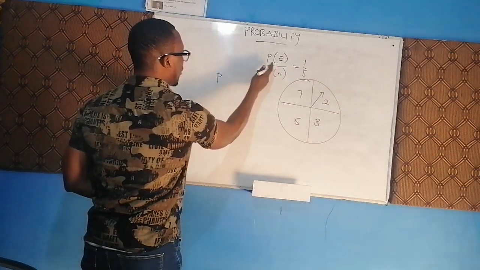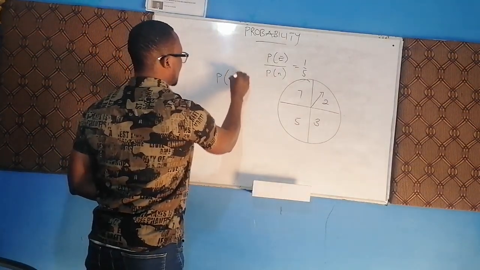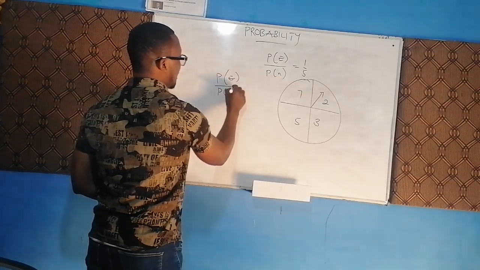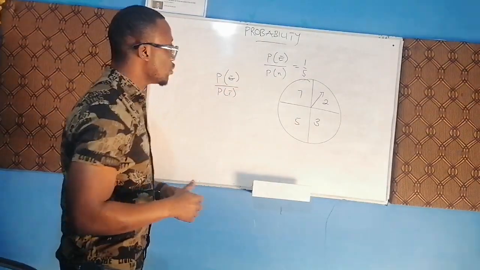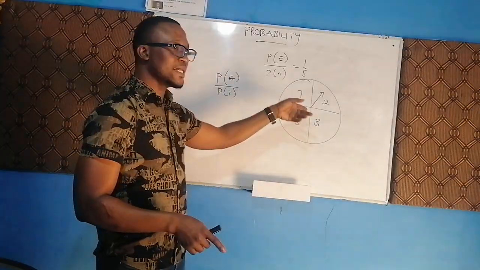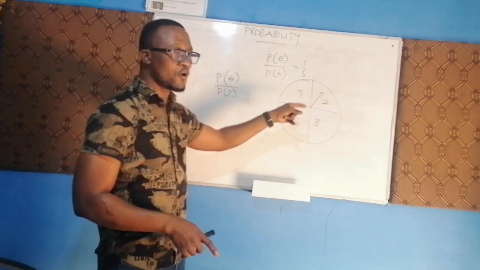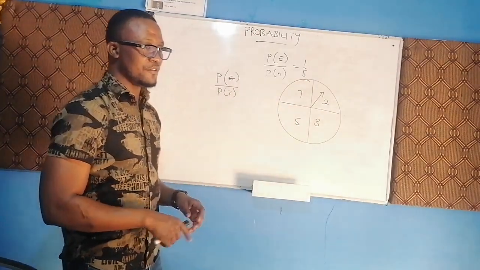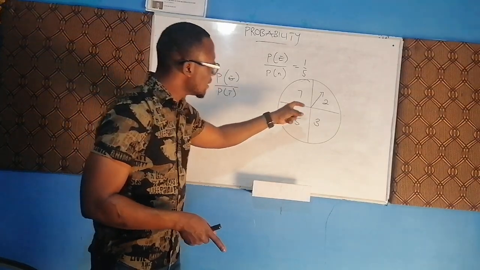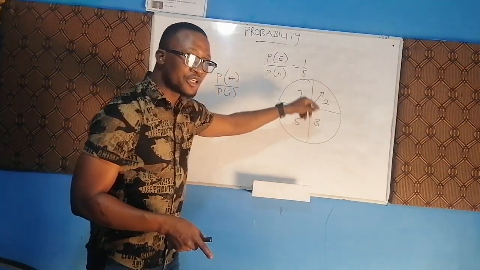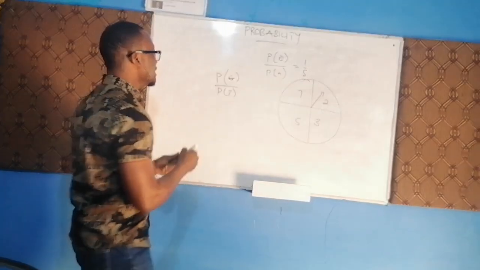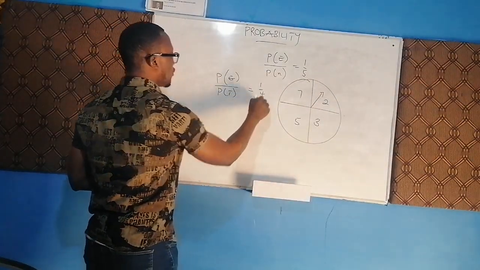Definitely only one of them is even. Let me use T for the total. What's the probability that the spin is going to fall on 2? If you spin the spinner, what's the probability that the arrow is going to fall on 2? 1 over 4. So in this case, the probability is 1 over 4.